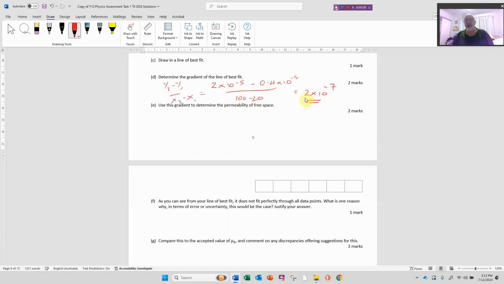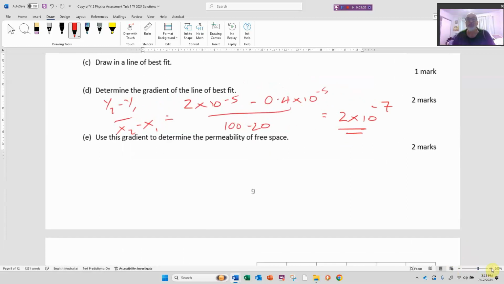Now, that's not going to be the perfect gradient. You will have multiple gradients there, just depending on where you've drawn your line of best fit and how well you've drawn it.